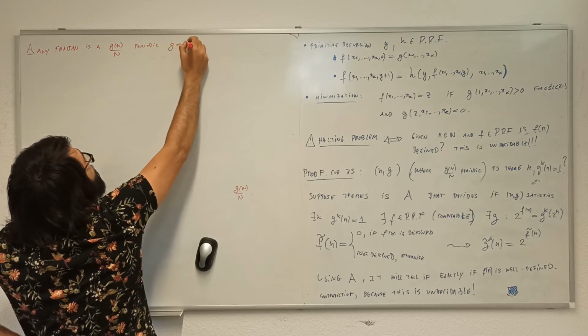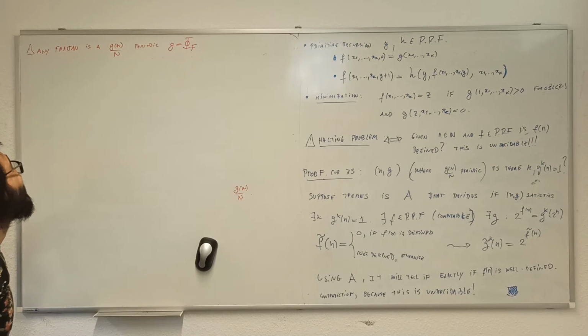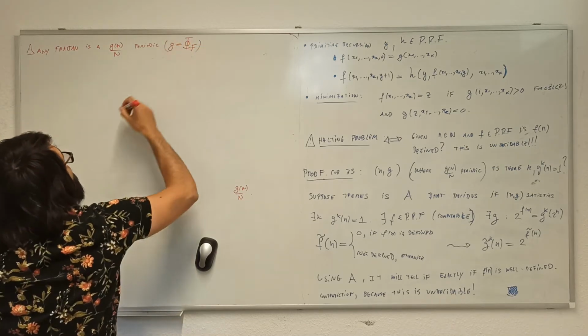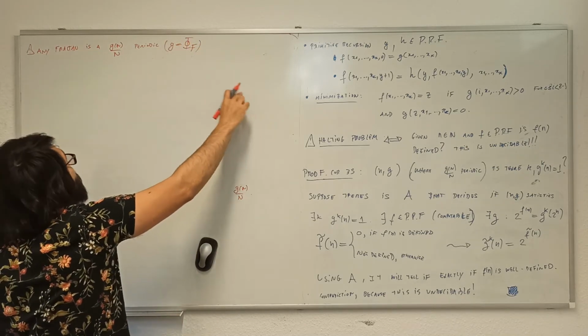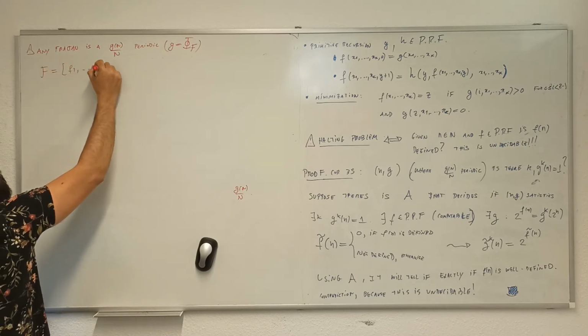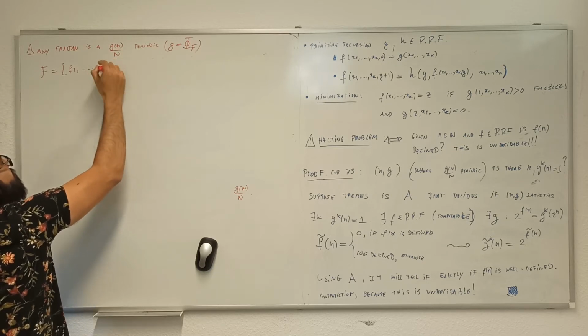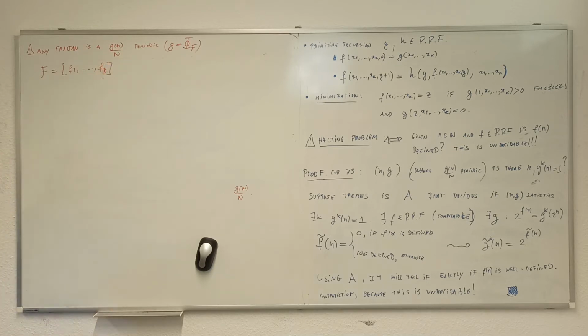So G will be then the phi from the FRACTAN game F. Simply because if you have your list of fractions, maybe it's F_K, sorry.